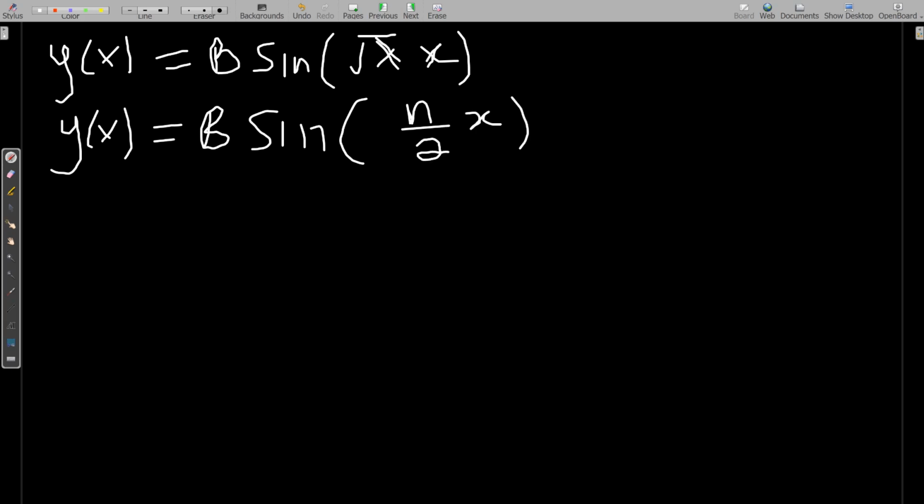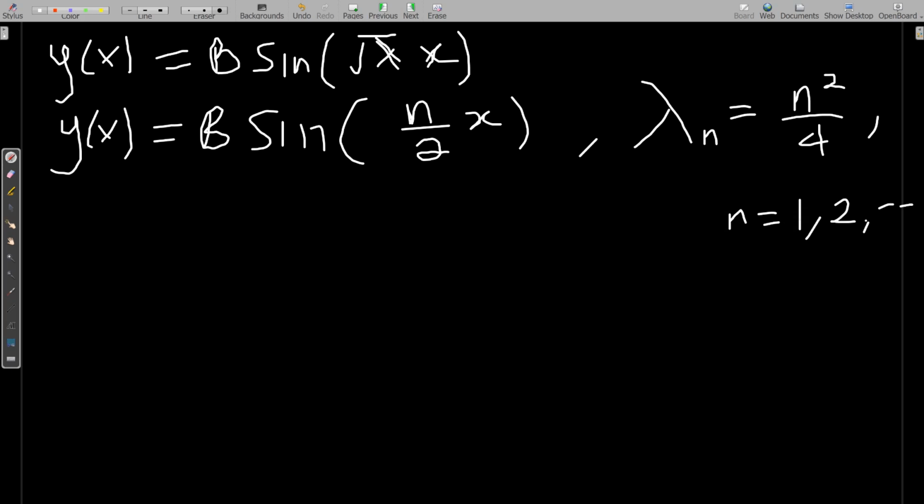Now the question is, we are supposed to find the eigenvalues and eigenfunctions. The eigenvalues, remember I said they are the values of lambda. So the eigenvalues, lambda n, is equal to n squared over 4, with n equal to 1, 2, 3, 4, and the rest. And your eigenfunction, y n of x.